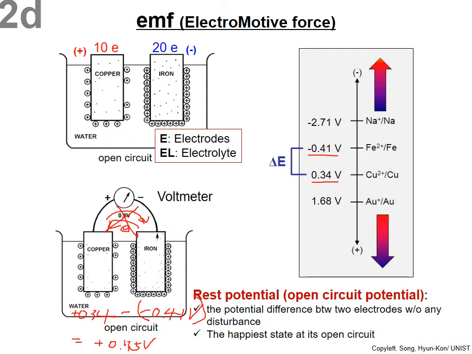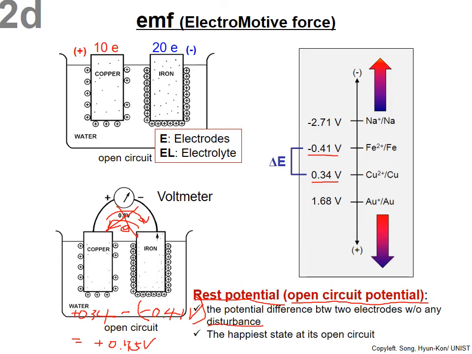This potential gap could be denoted by rest potential sometimes, and also open circuit potential. So this is the electromotive force, and the potential read by the voltmeter in this situation is called rest potential or open circuit potential. Rest potential is the potential difference between two electrodes without any disturbance.